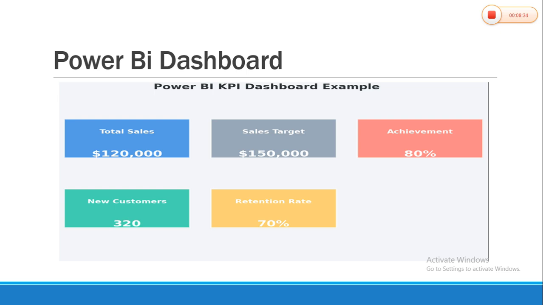So you can see their run rate. Their run rate is 80%. It's a KPI. Now, new customers. We have acquired 320 new customers over time. And what's our retention rate? Our retention rate is 70%. So KPIs show the position of every company at every point in time, right?